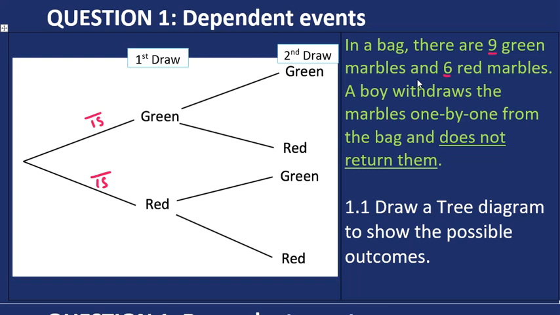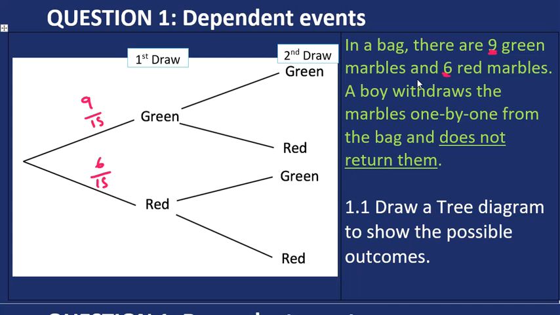Of the 15 marbles, 9 are green, so the probability of withdrawing a green marble will be 9 out of 15. And 6 of these marbles are red, so the probability of withdrawing a red marble will be 6 out of 15.